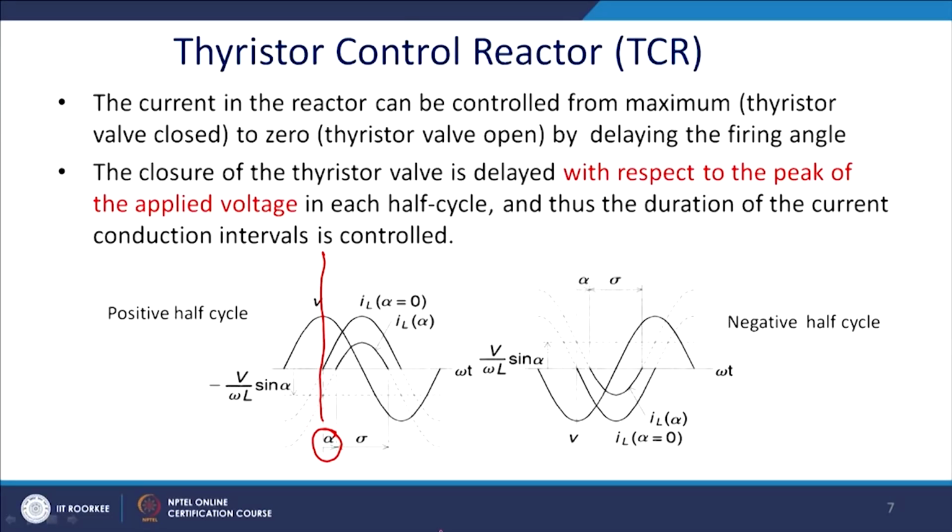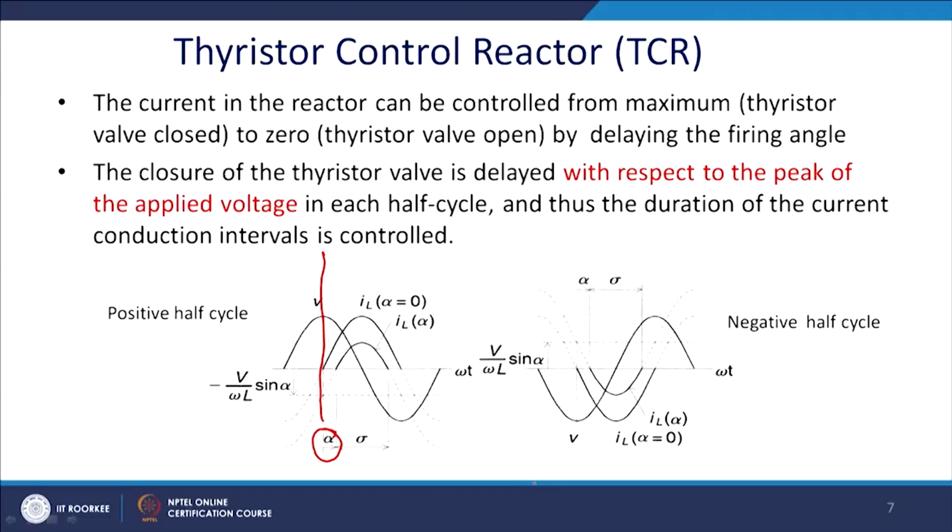Since there is a phase lag of the current by 90 degrees, alpha can start only after 90 degrees. Thereafter you give a delay, this value is alpha, and it will start conducting for the period of sigma. From there we can calculate what should be the value of the current and how much reactive power is absorbed or produced.